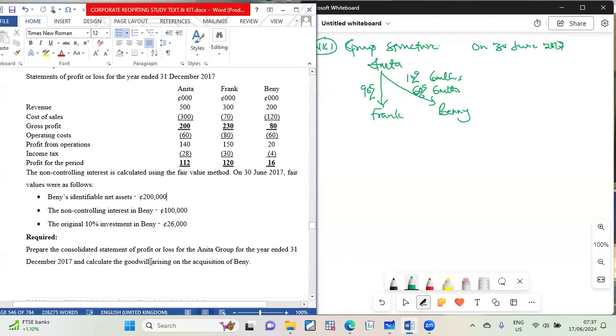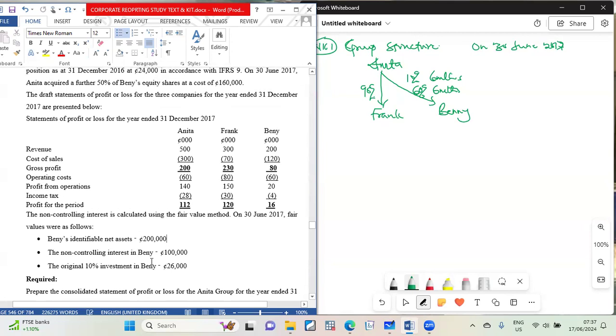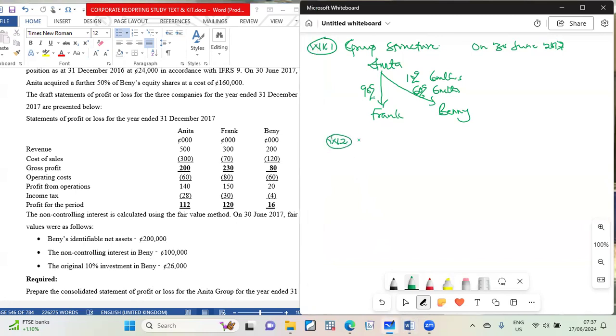Normally from here we would have done our working two, which is the fair value of net assets, for this guy and for this guy, but we don't have the full information. But we know that the fair value of net assets of Benny at acquisition is 200,000.